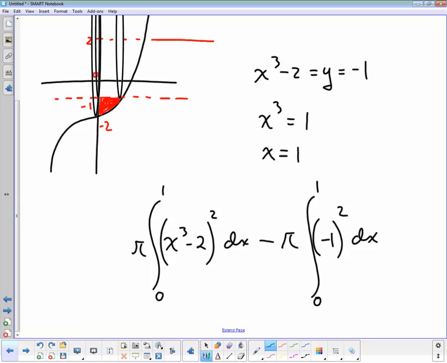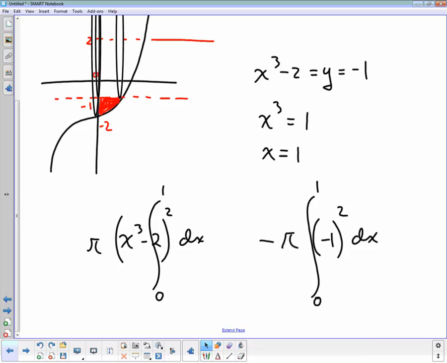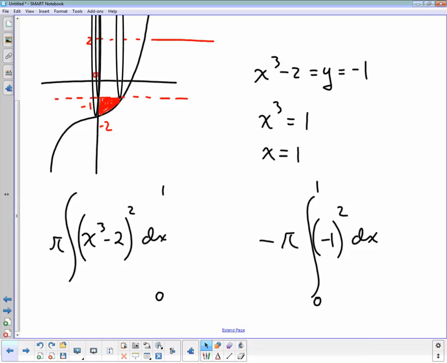Oh, wait, careful. I'm spinning it around y equals 2. So I have to be careful. Yeah, watch out. So I'm spinning it about 2.